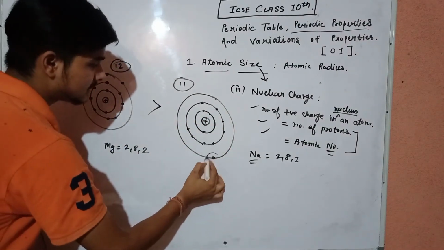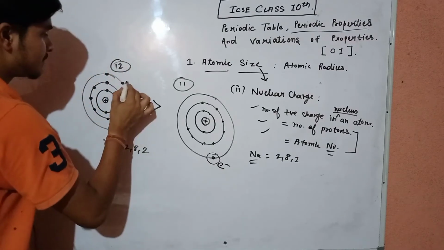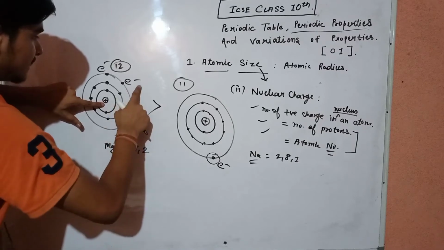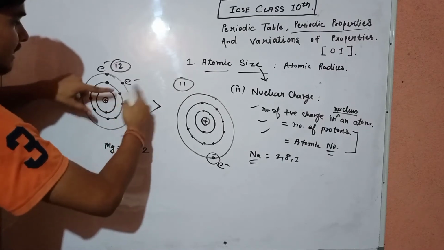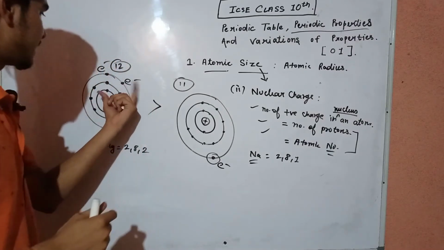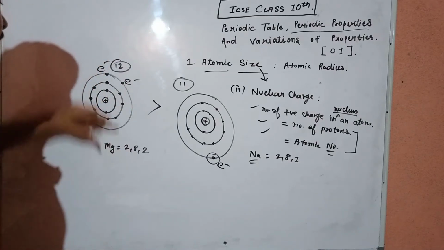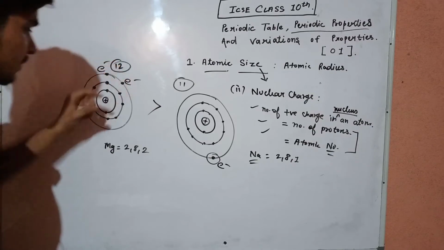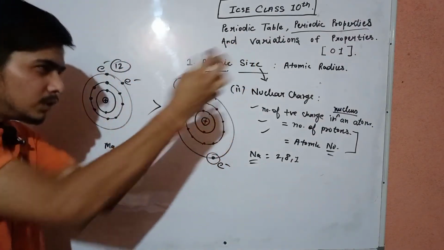So here is the positive charge which is present in the nucleus, and the negative charge is the electrons. These electrons have negative charge. So this positive charge and this negative charge will attract each other. Since the positive charge is greater here, this proton is trying to pull the electron.